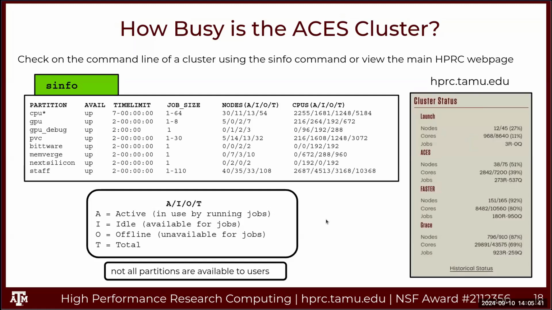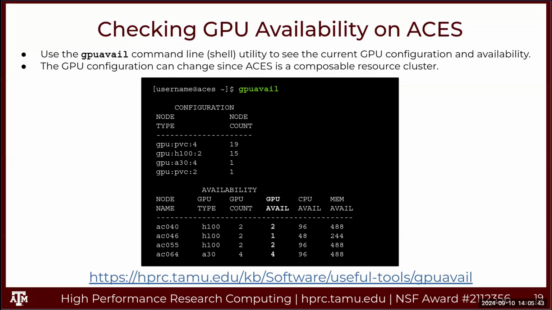All right, so the GPU avail command, let's say you want to run a job on a GPU, but you're not sure if the H100s are available or the A30s are available. So if you run this GPU avail command, this will show you what is configured, which can change over time since this is a composable cluster.